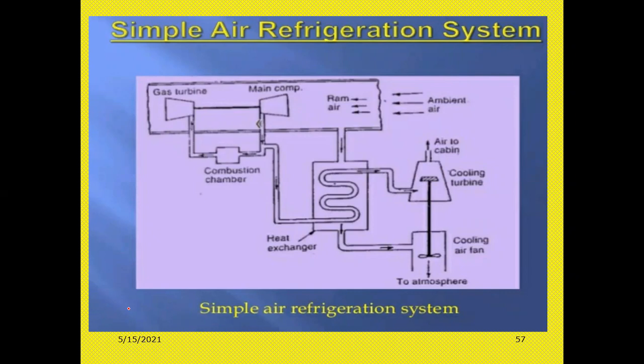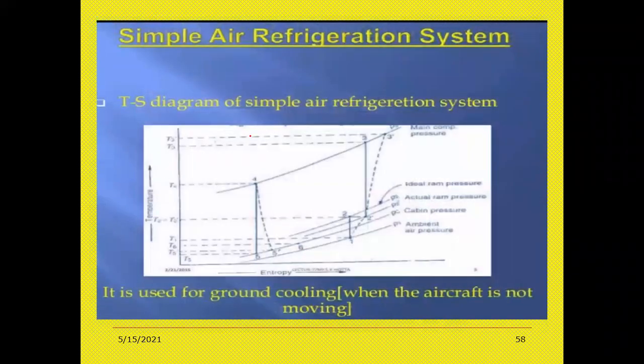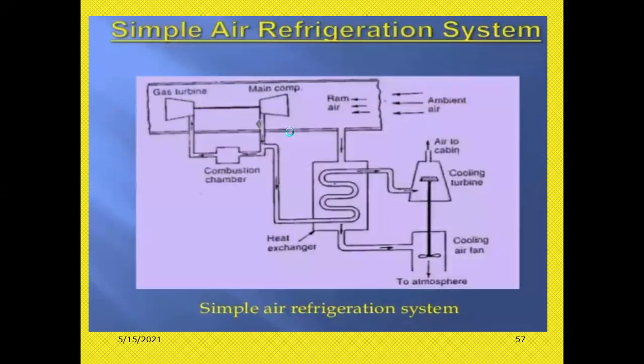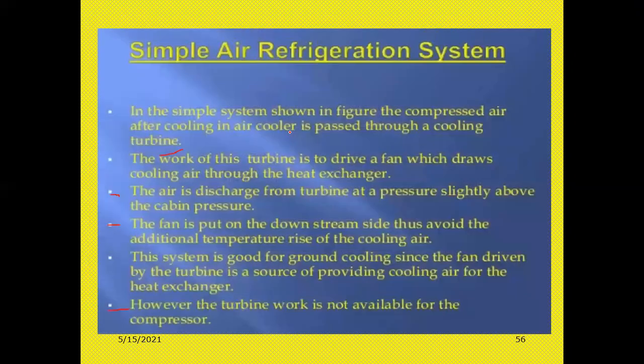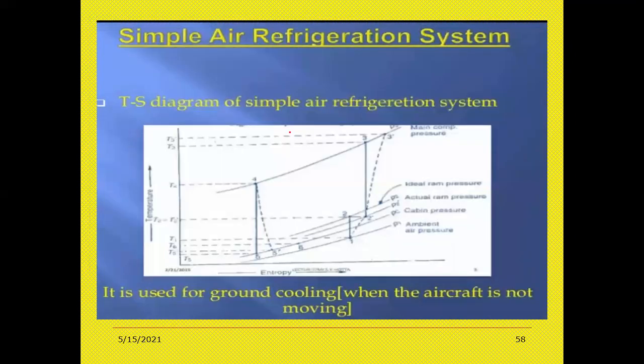So this is a simple process of the air refrigeration system, right? Next, the TS diagram is already shown in the previous slide. So when you get a question about simple air refrigeration, draw the figure, and show the line diagram of this simple air refrigeration along with the TS diagram.